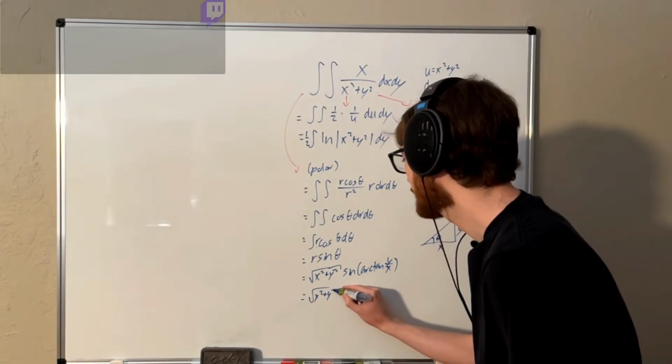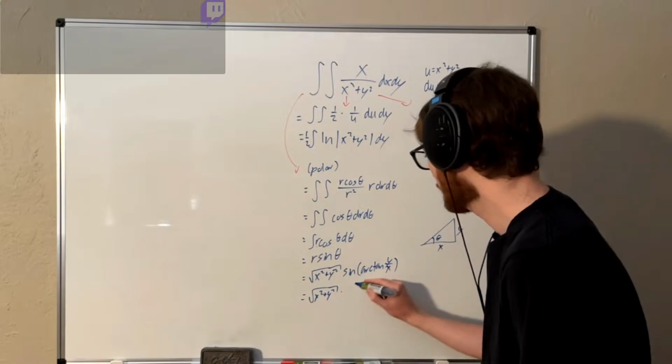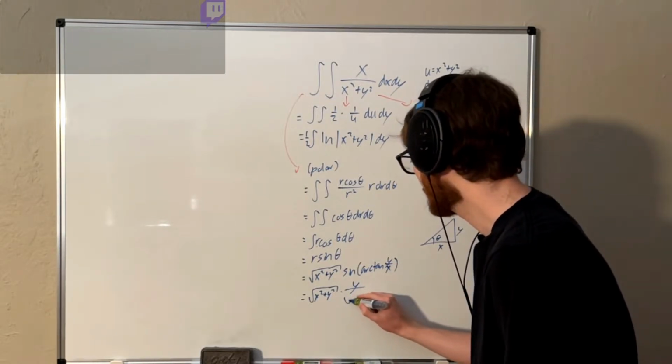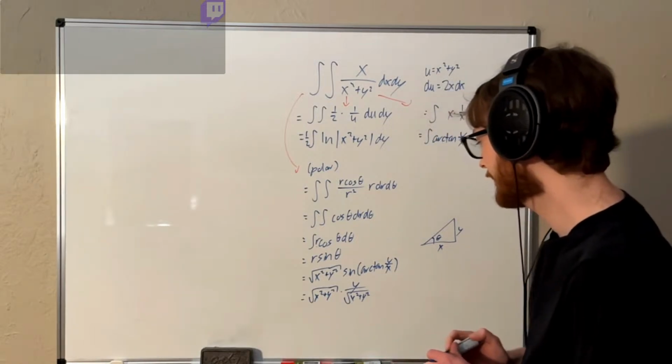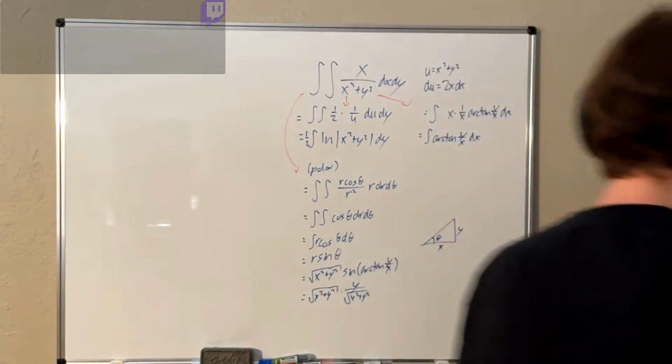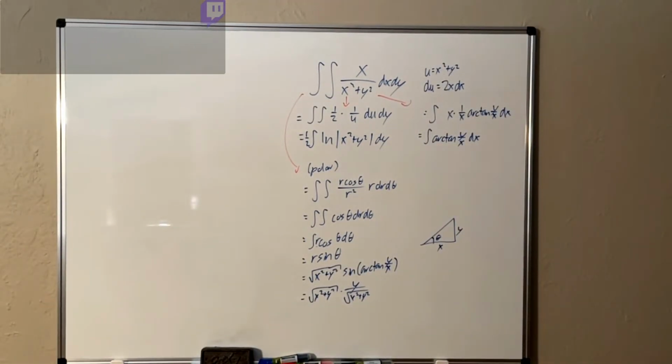Root x squared plus y squared times opposite y over hypotenuse. That's not good. That's not an available answer at all. It's just y? Oh, it might have been possible to proceed from my second attempt.